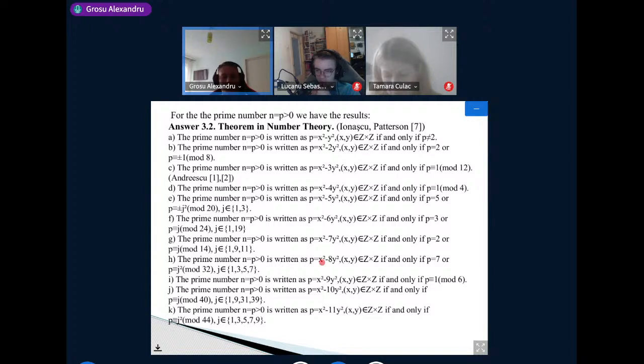So for the prime number n equals p greater than 0, we have these results, and we use the theorem in number theory that is writing the prime numbers in this form written here.